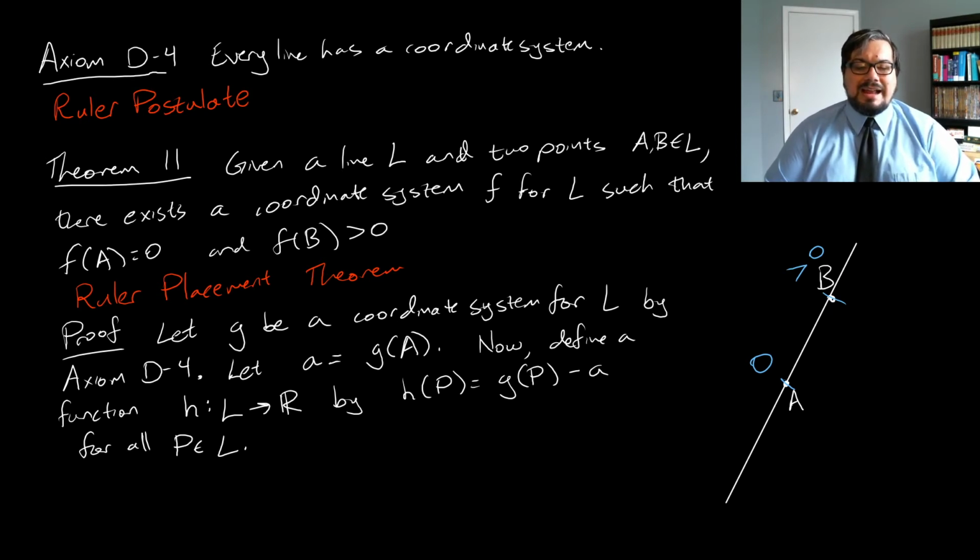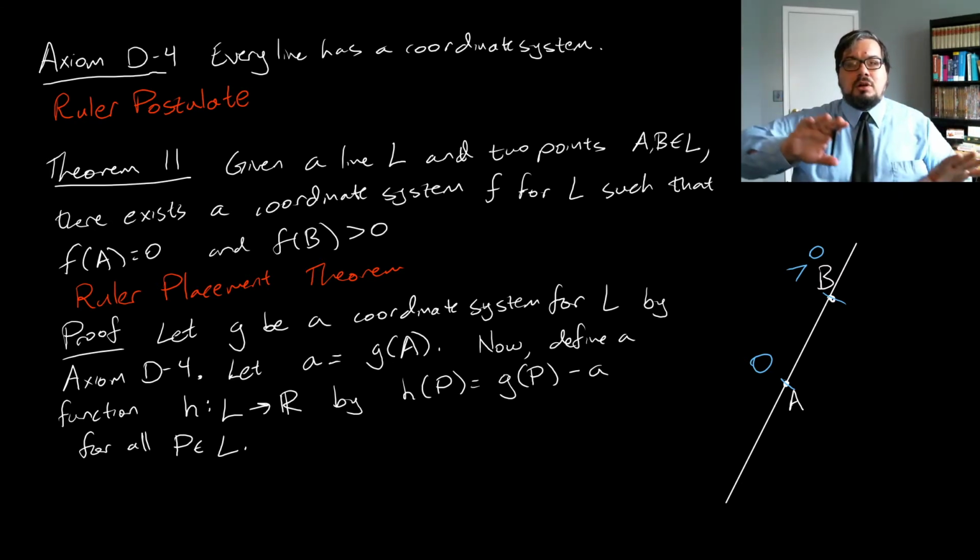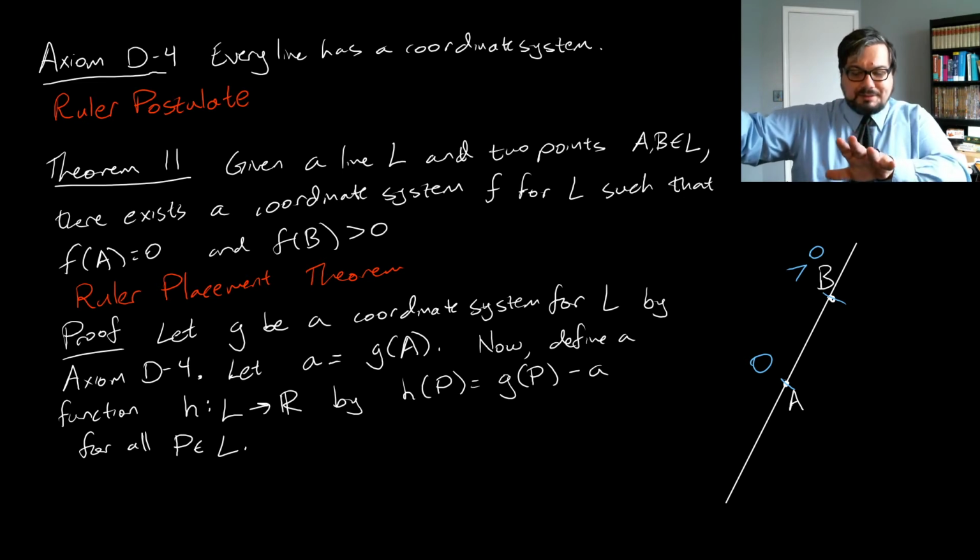First of all, we're going to claim that it's a coordinate system, but we also have essentially shifted it by subtracting this little a from the coordinates of the points under g. What we're basically doing is shifting the ruler along the line that we're looking at.